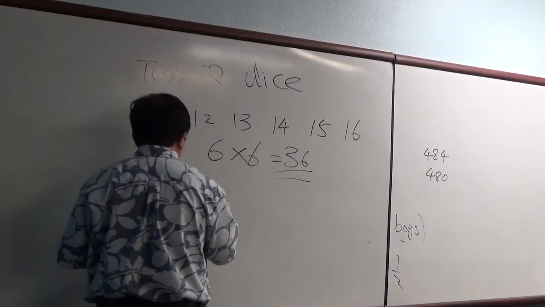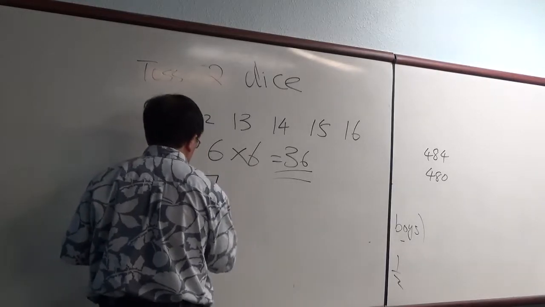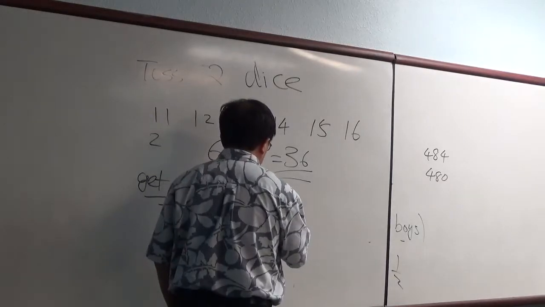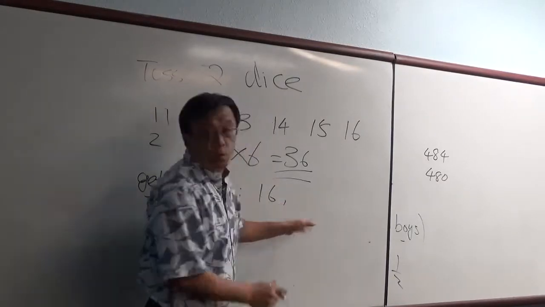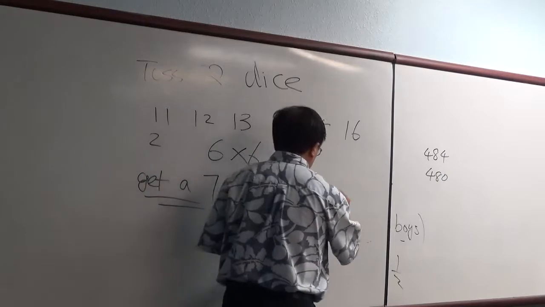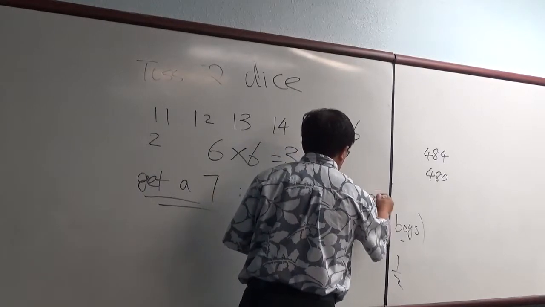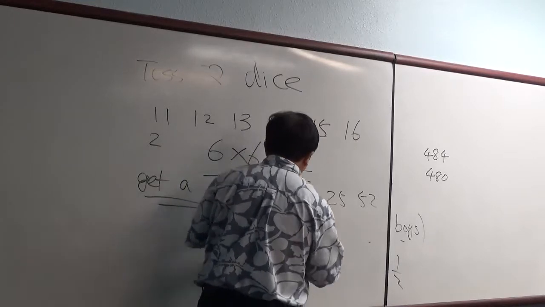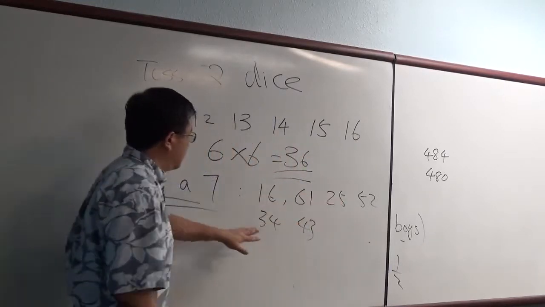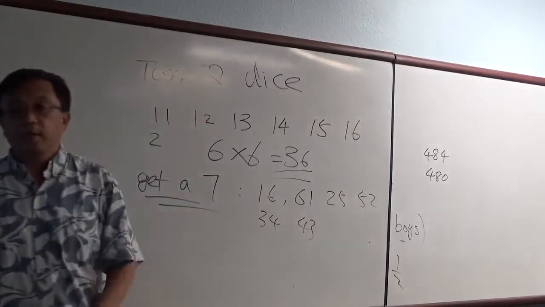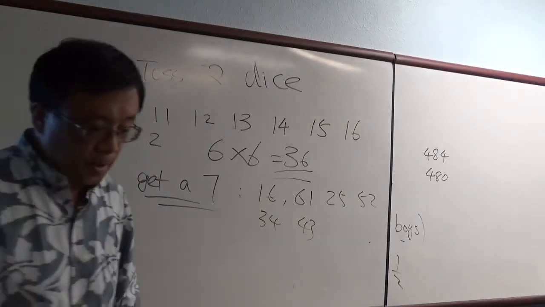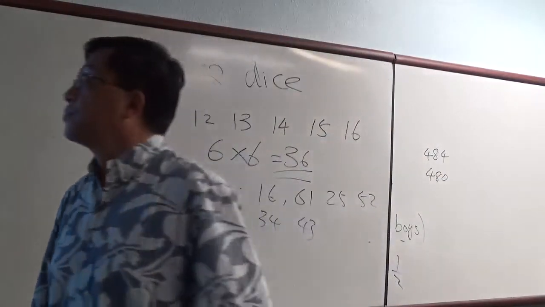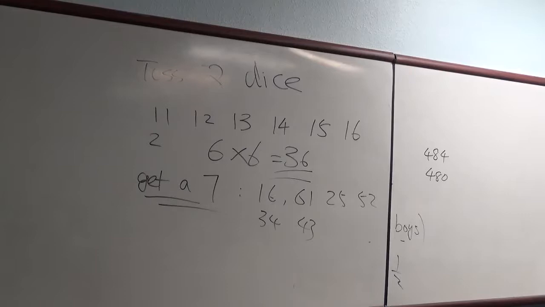What are the possibilities? 1, 6, 6, 1. 2, 5, 5, 2. 3, 4, 4, 3. How many? 1, 2, 3, 4, 5, 6. Yep, 6. Is this clear? Okay. So now we can calculate the theoretical probabilities.